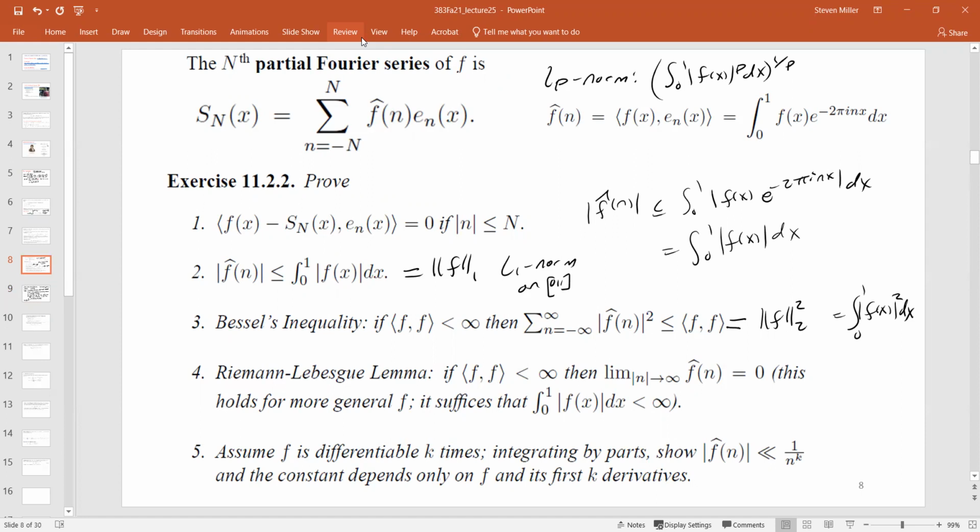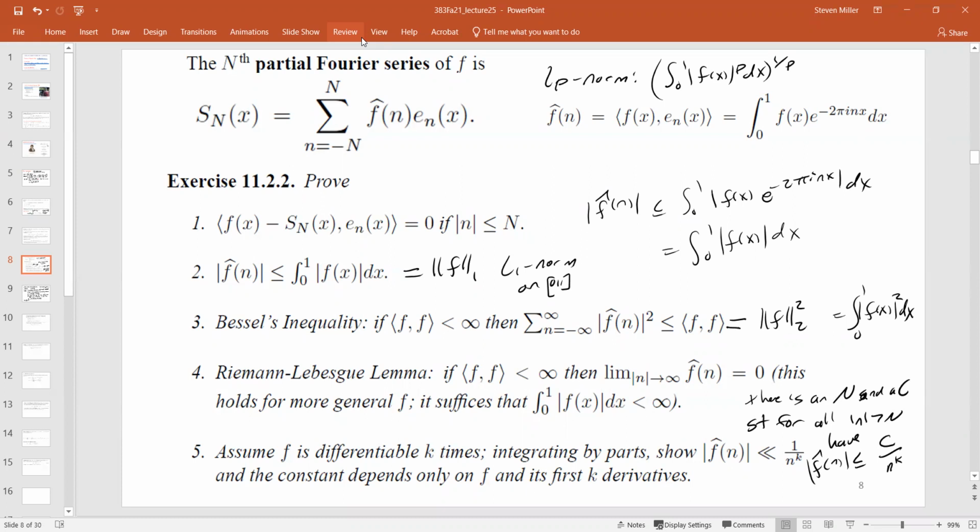So how many people have never seen double less than? Okay, so double less than just means there is an N and a c such that for all absolute value of n greater than N, we have f hat of n is less than or equal to c over n to the k.